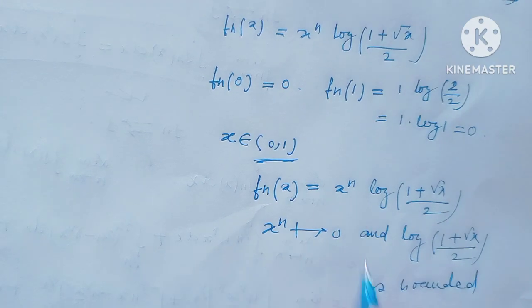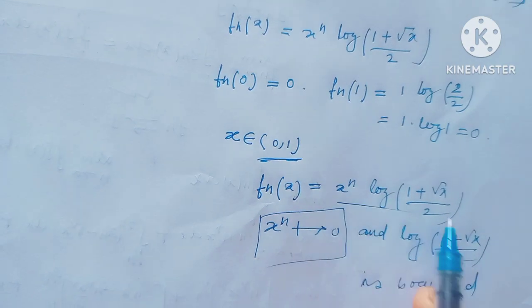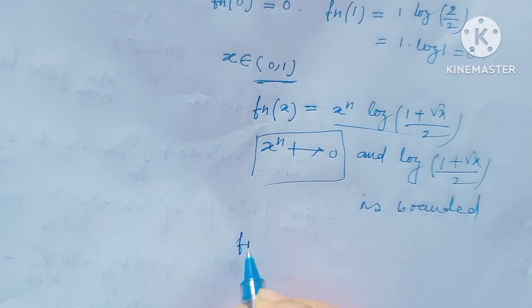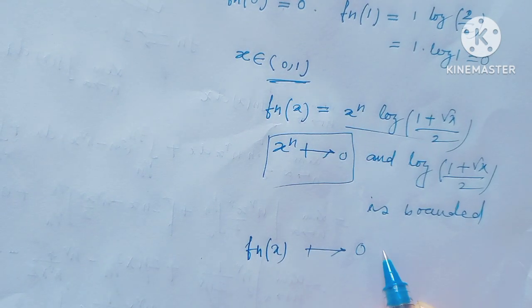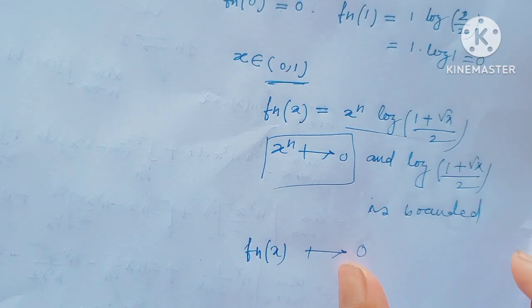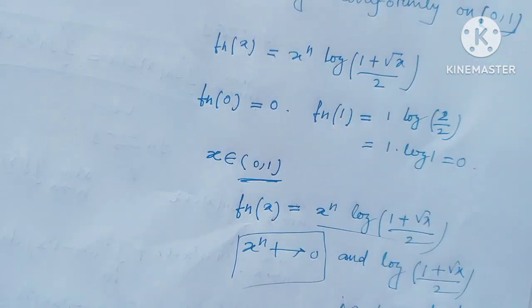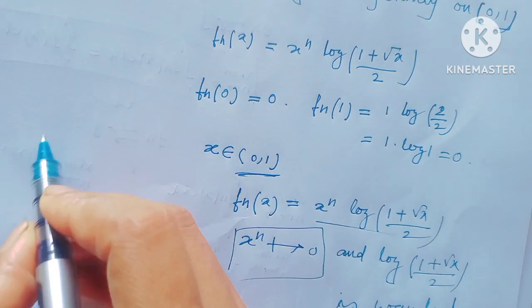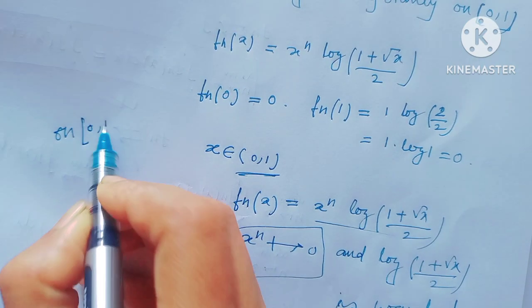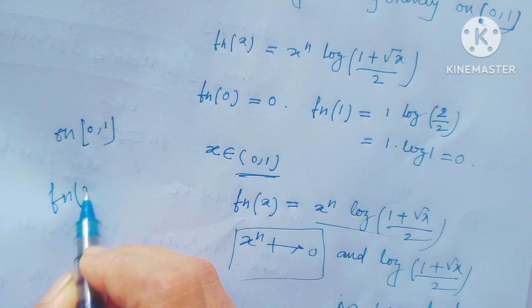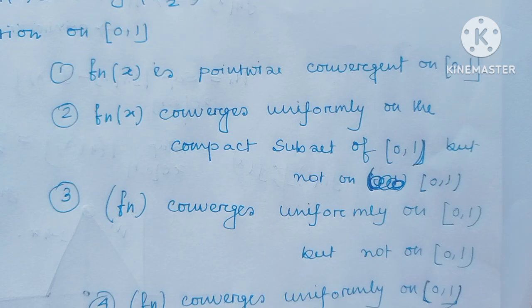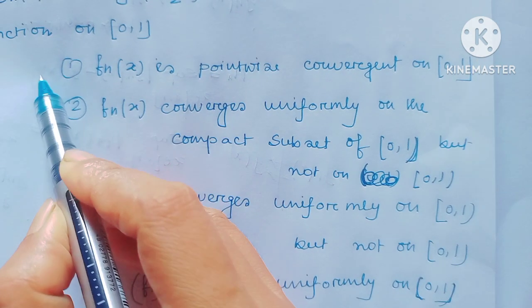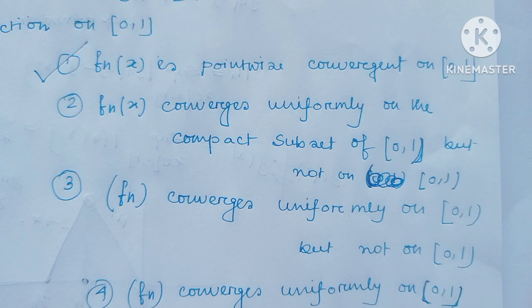Since this is bounded and this tends to 0, their product function fn(x) converges to 0 pointwise. Therefore, on the whole closed interval [0, 1], fn(x) converges to f(x) equal to the 0 function. That means fn(x) is pointwise convergent on the closed interval [0, 1]. This is the right option.